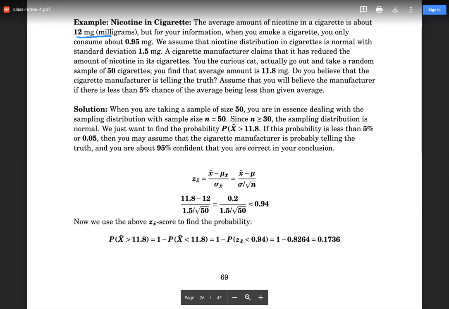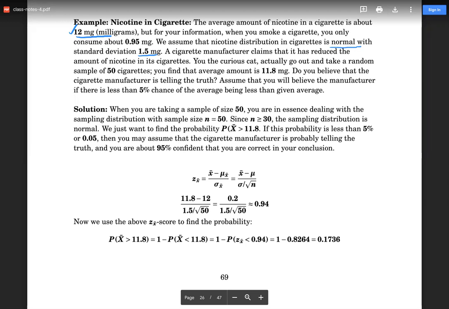Anyway, so we assume that nicotine distribution in cigarettes is normal. So key information: it's normal with a standard deviation of 1.5 milligrams. We assume that the distribution of nicotine in the cigarette is bell-shaped, or normal, or Gaussian, with standard deviation 1.5 milligrams, and the average mu is 12 milligrams.